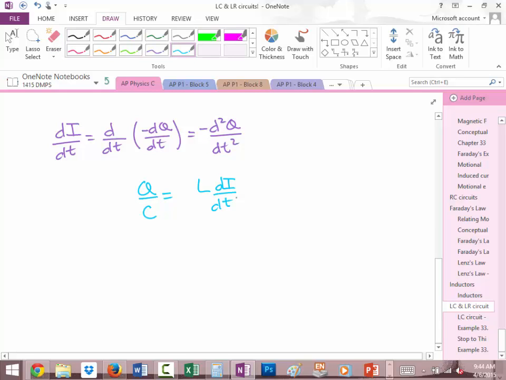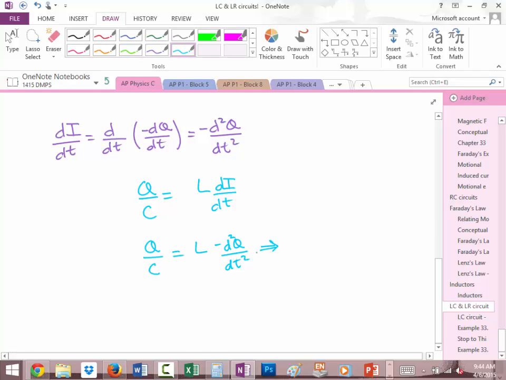Yes. Okay. Oh, but dI/dt is just the second derivative, so we can really say that this is just Q over C equals L times the negative. There's my negative that I had lost. d squared Q dt squared.